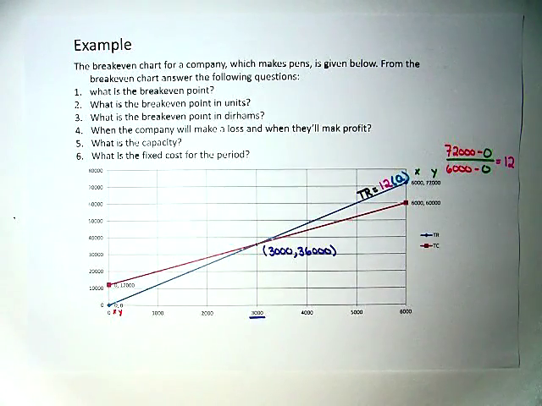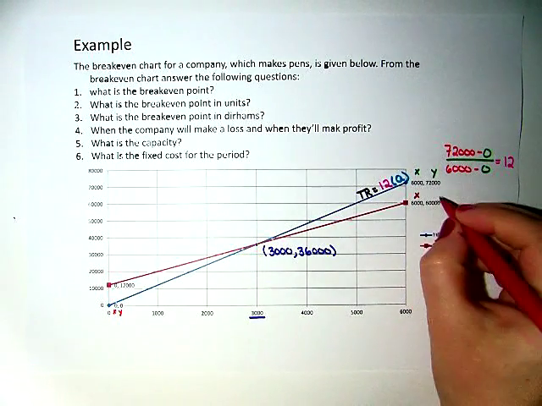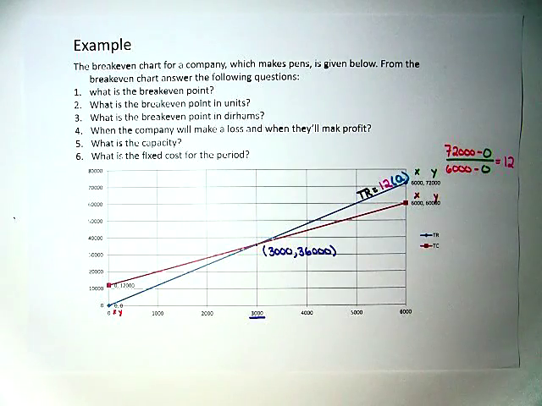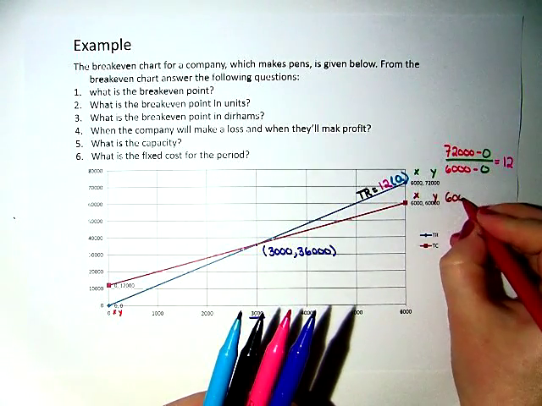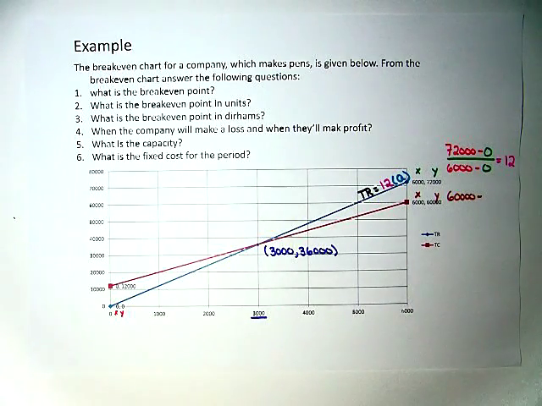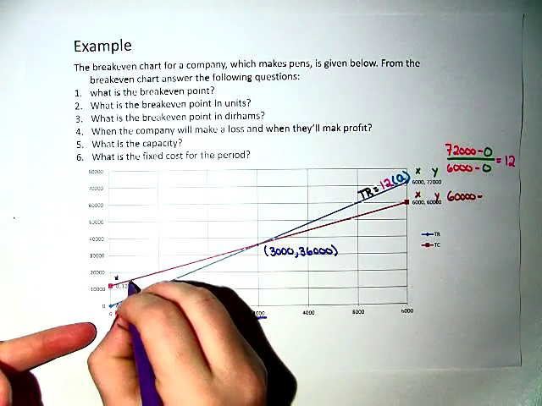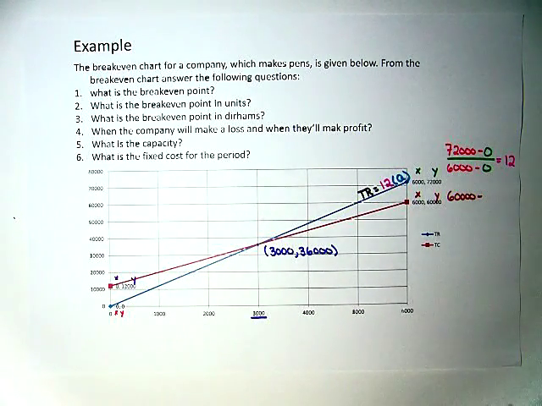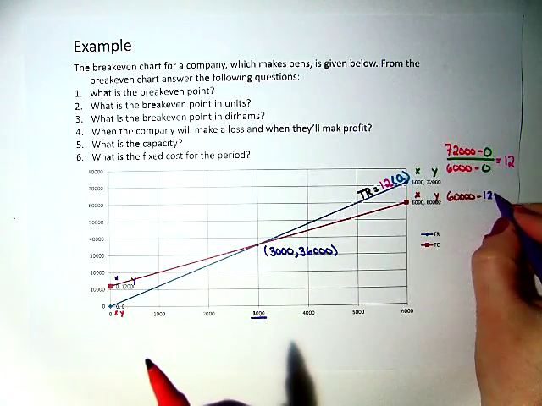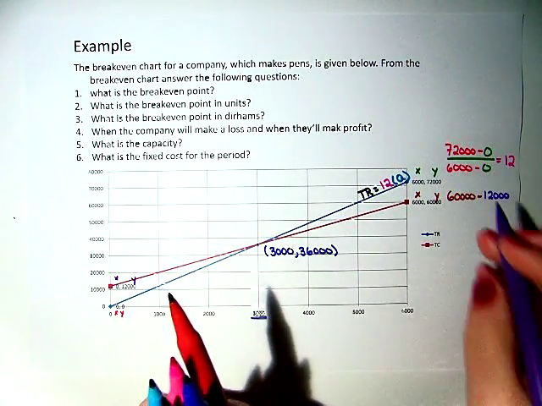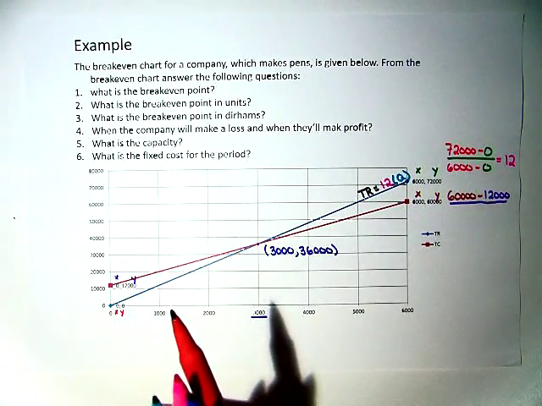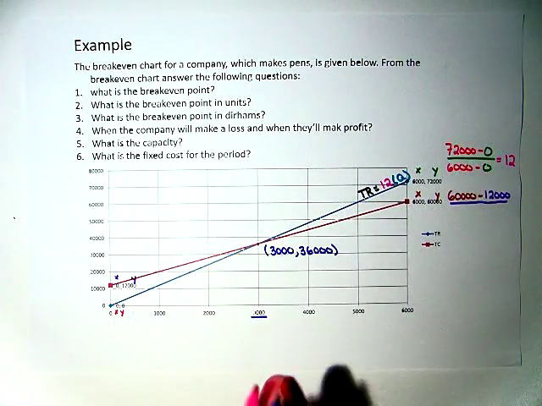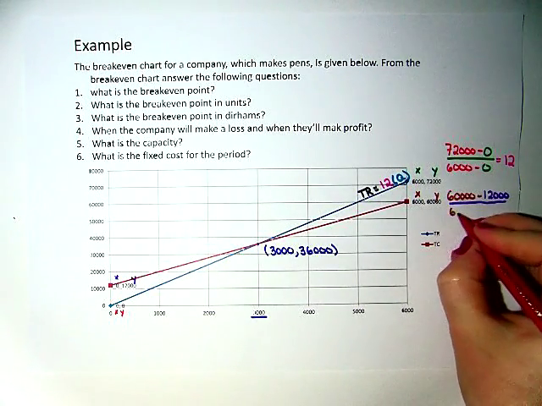Okay, we've got the total revenue graph. We really need to do the total cost as well. So once again, we're going to do X, Y. I'm going to go ahead and do a different color to see it a little better. X, Y. And we're going to do 60,000 minus 12,000, because 12,000 is my fixed cost, since that is where it intersects the graph, divided by 6,000.